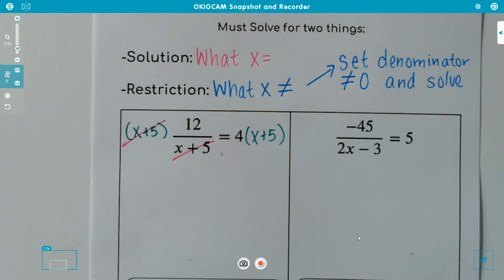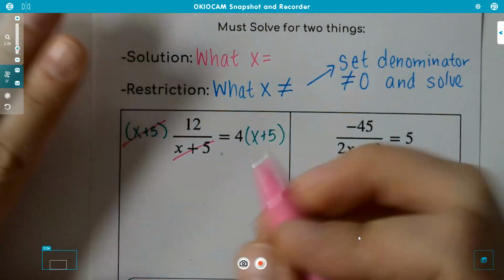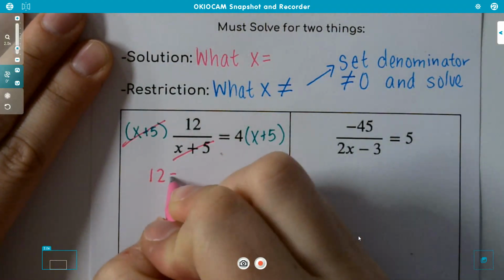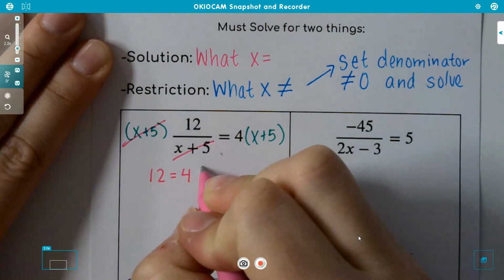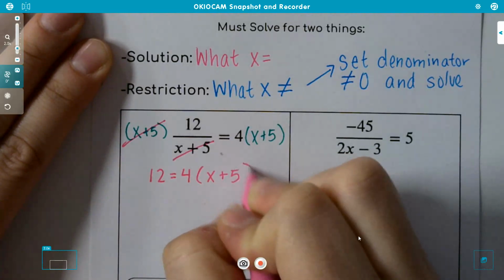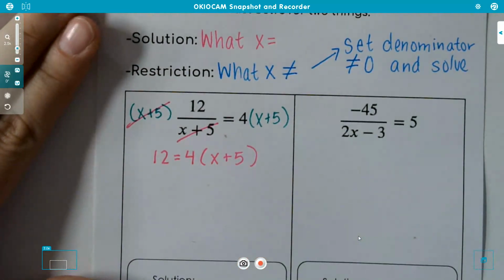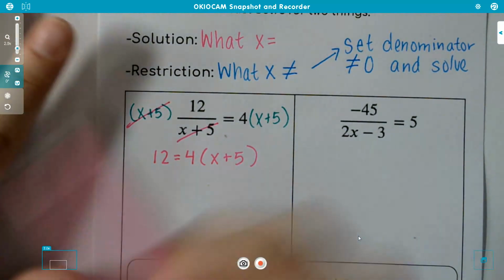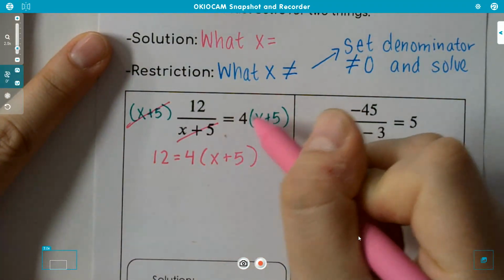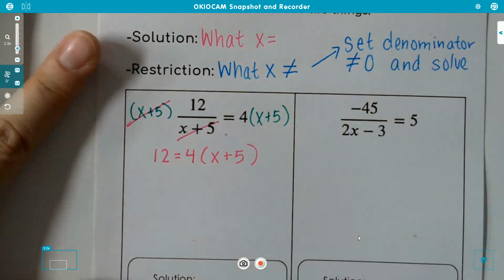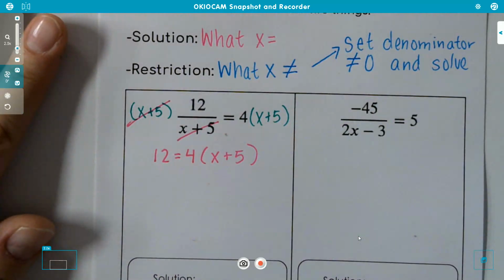So that's why we multiply by x plus 5 on both sides. That's why that's our first step. So now we've got 12 equals 4 times the quantity x plus 5. And we are going to solve from here. So this 12 came from here, and then this 4 times x plus 5 came from over here. Okay, any questions right now?